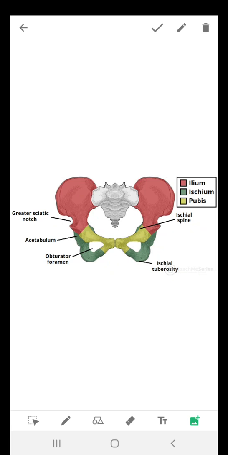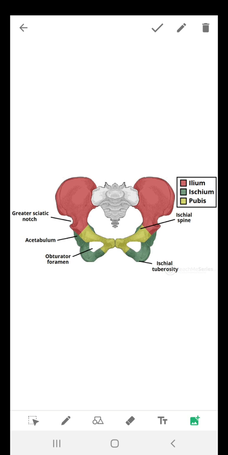Now, I remember when I was talking to you about the upper limb, I told you that the upper limb is similar to the lower limb. There's a bone in the upper limb that is very similar to that of the lower limb as far as the pelvis is concerned, and that is the pelvic bone, which is similar to the scapula.